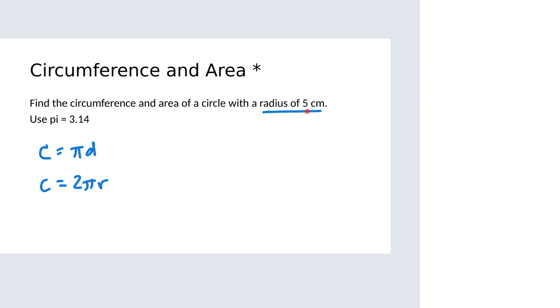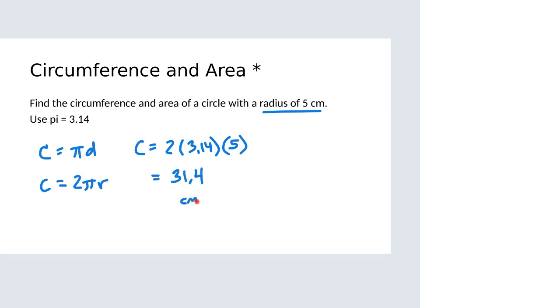Since I was given the radius, I'm going to use 2 times pi times r. So my circumference here is 2 times 3.14 times the radius, and 2 times 3.14 times 5 is 31.4.